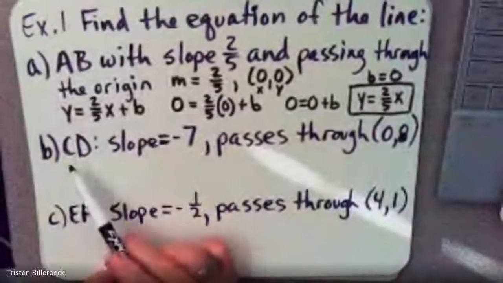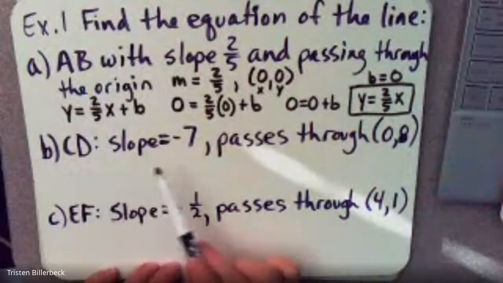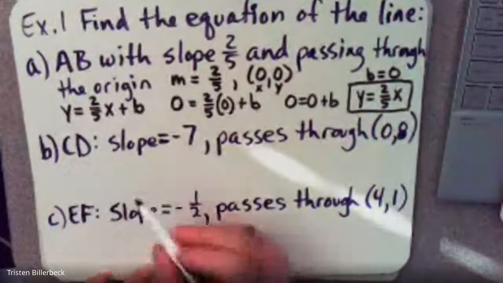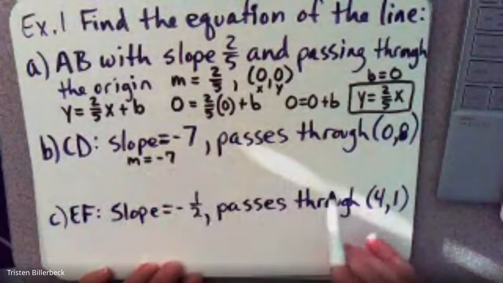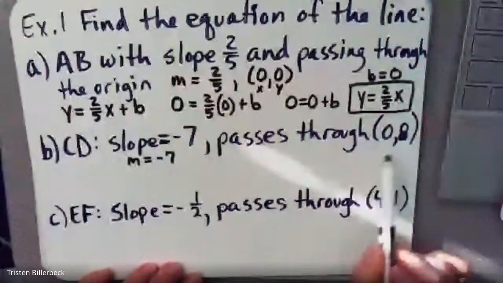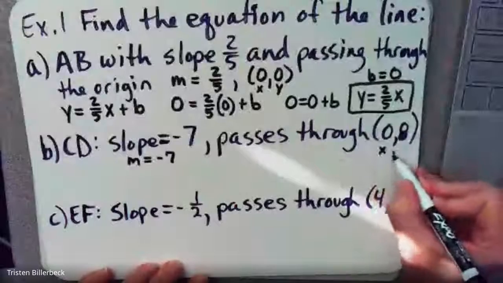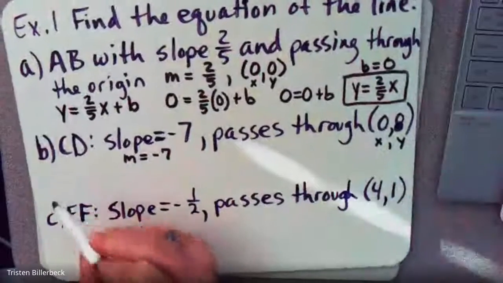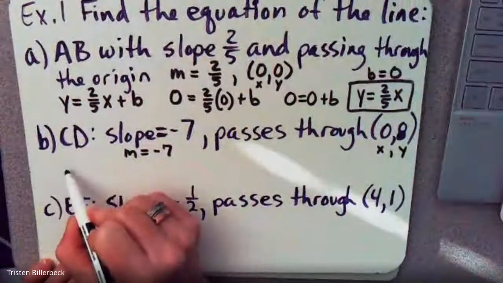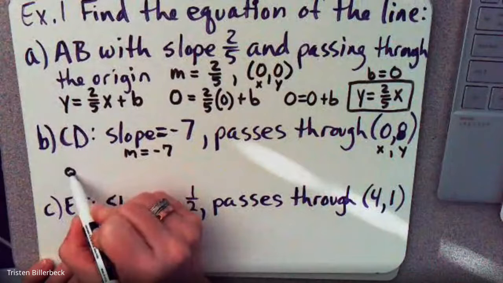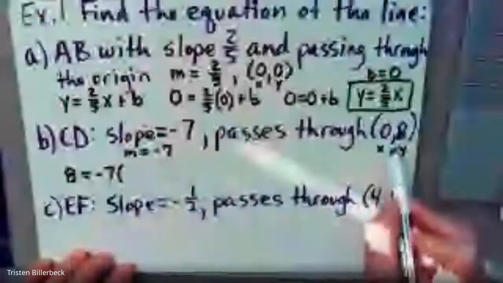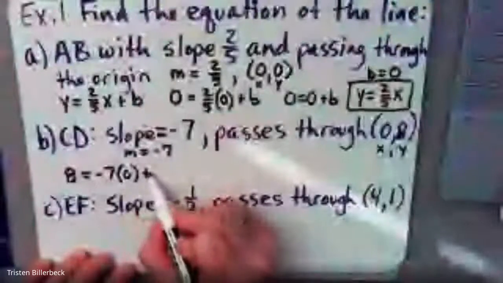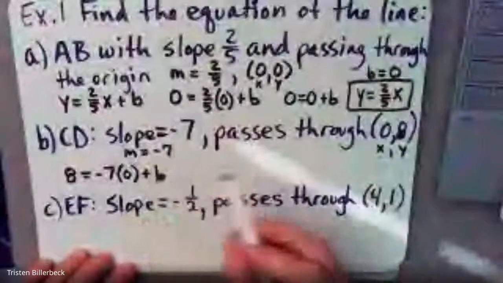All right, so if we have line CD, it slopes -7. So m is -7, and it passes through 0, 8. So we have x and a y. So we're going to write for the y, 8 equals, then we have -7, and then for the x, we're going to put in 0 plus b.